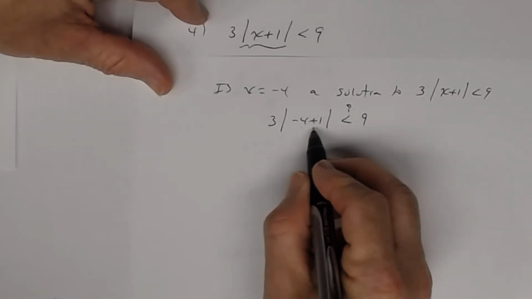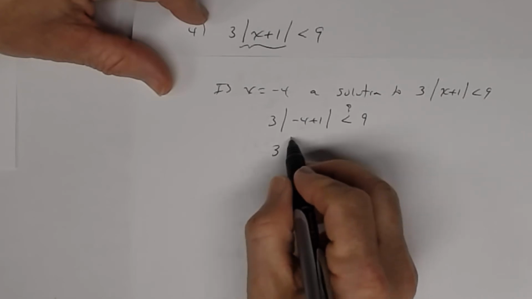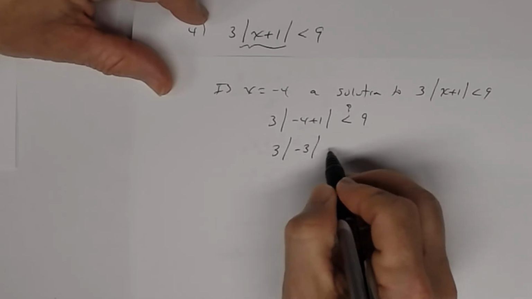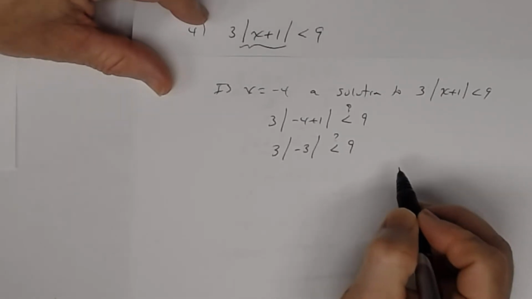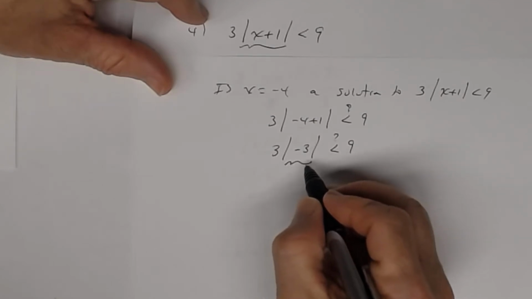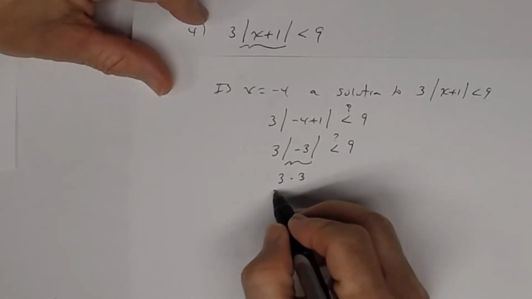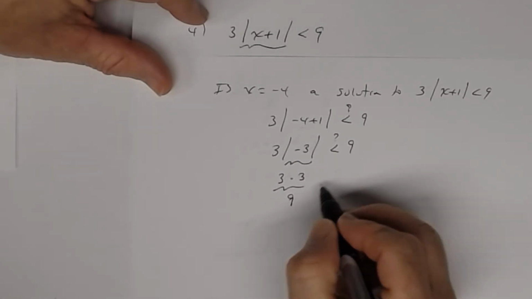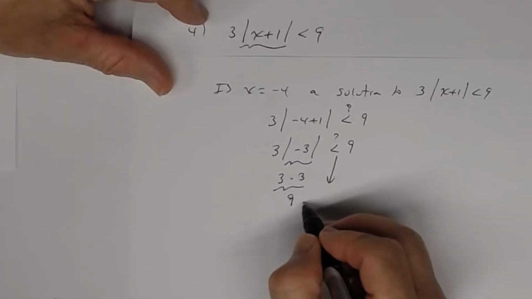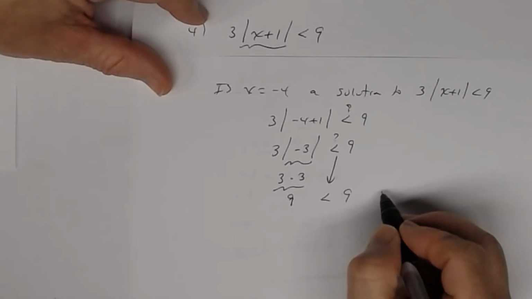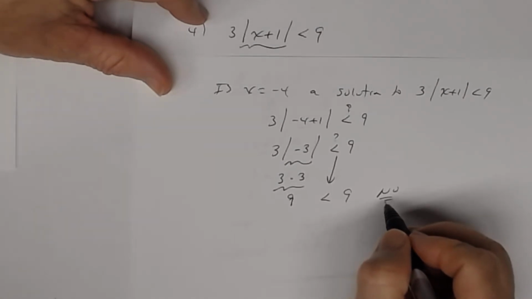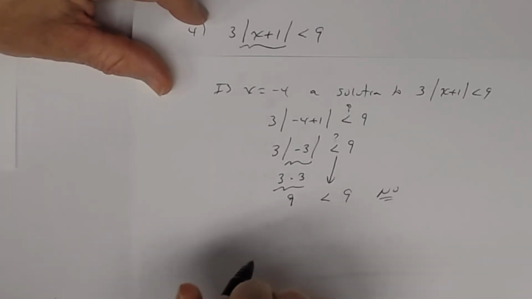Well, negative 4 plus 1 is negative 3. So I have 3 times the absolute value of negative 3, and I want to see if that's less than 9. The absolute value of negative 3 is 3, right? And 3 times 3 is 9. So the question is, is 9 less than 9? The answer is no. 9 is not less than 9. 9 equals 9.